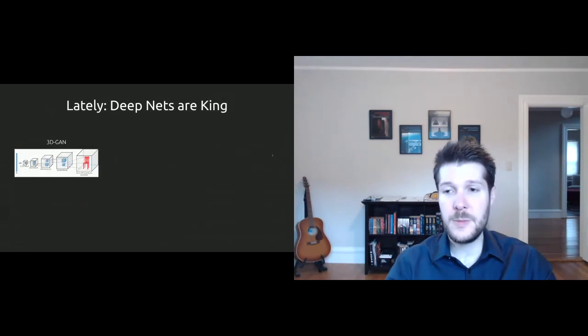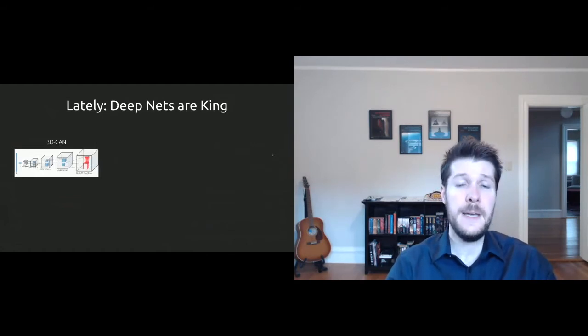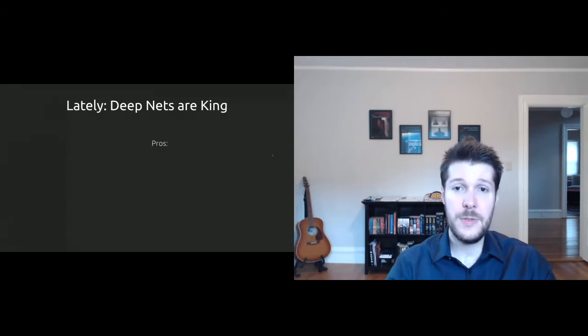And even more recently, there's been some really cool work on neural networks that represent infinite resolution implicit surfaces, essentially a distance function that tells you how far away you are from the surface.